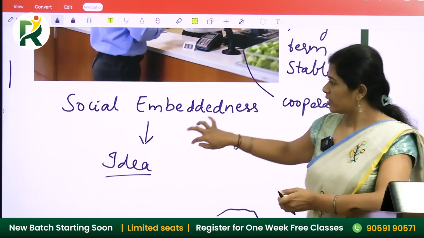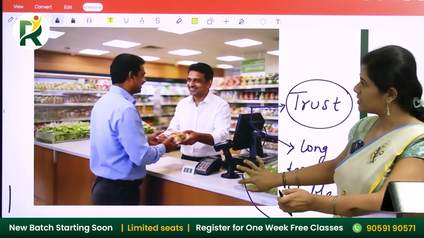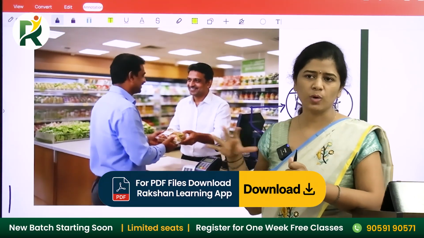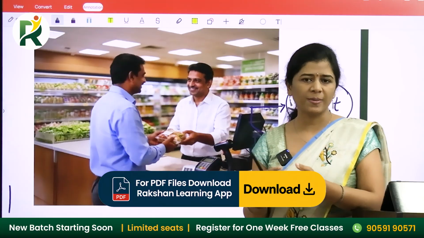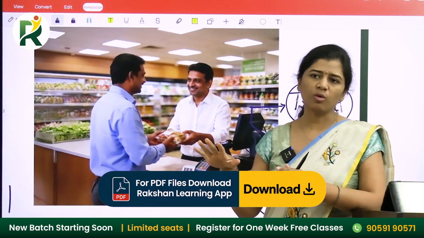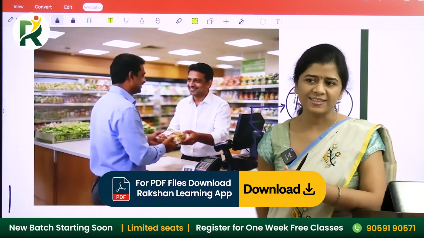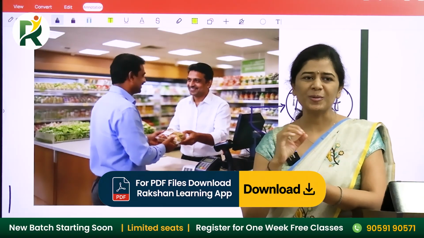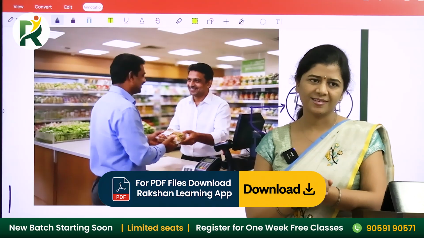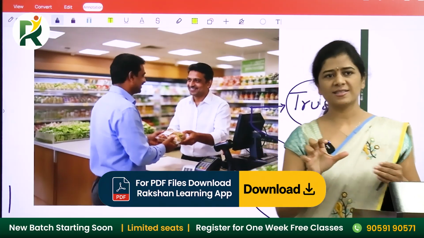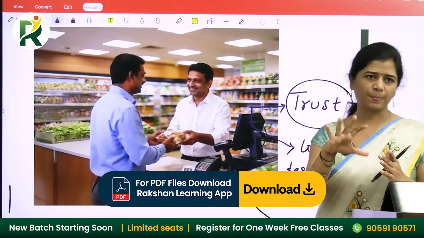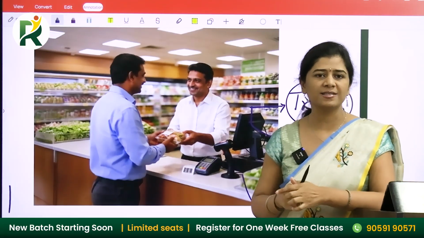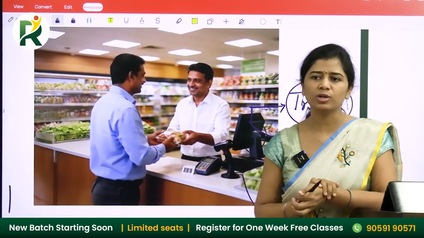Now why I showed you this example is, these days we have supermarkets, where we just go, and the irony is, you will bargain in small shops, but you won't bargain in supermarkets. Whatever price is on that packet, or on the bill, you will pay it without even asking.